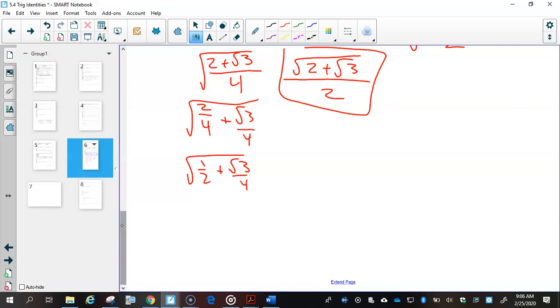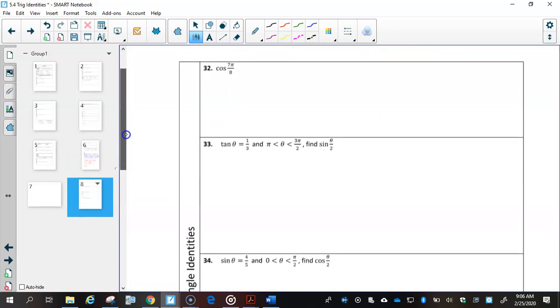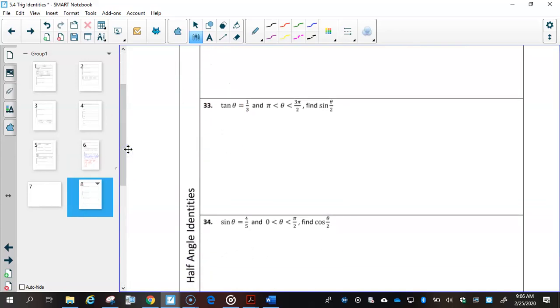So 32 is going to be similar to these. We're going to do one of the others. With these types, you know that they're half angle because it'll say find some trig function with theta over 2. Theta over 2 is your half angle.